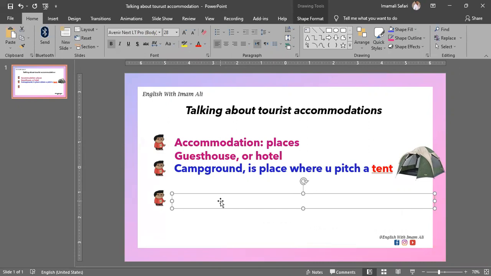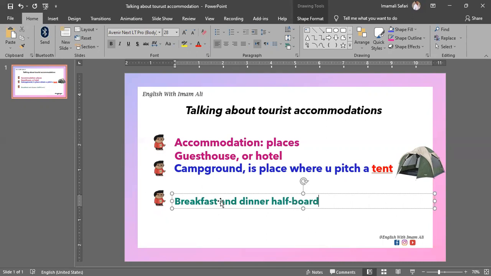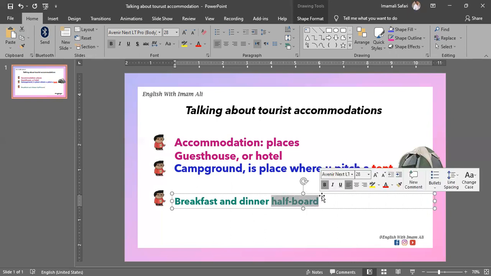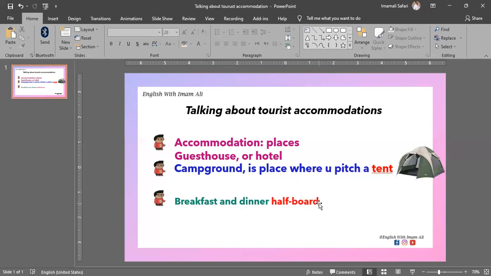If a hotel can give you or serve you breakfast and dinner, that kind of hotel is called half board. What is half board? Half board is a kind of hotel that serves only breakfast and dinner. Yes, exactly. That's called half board, right?